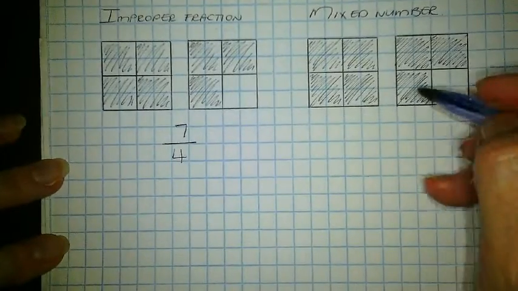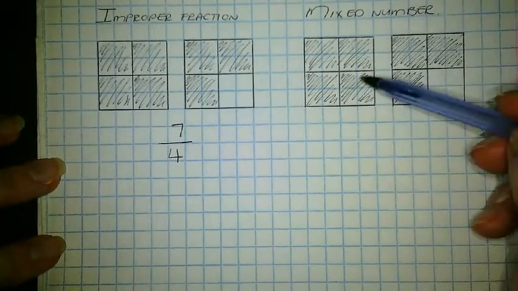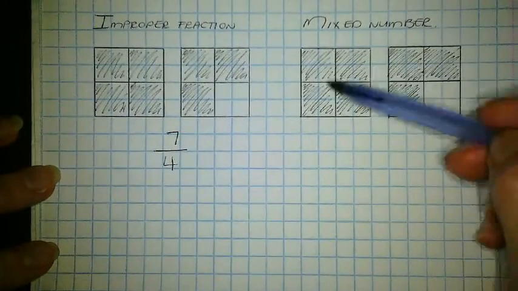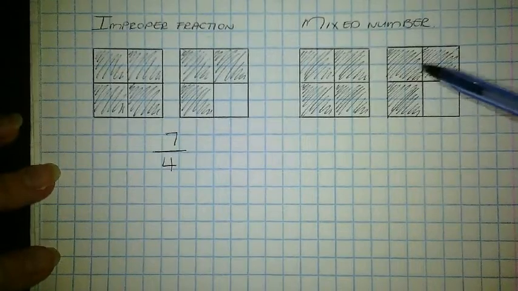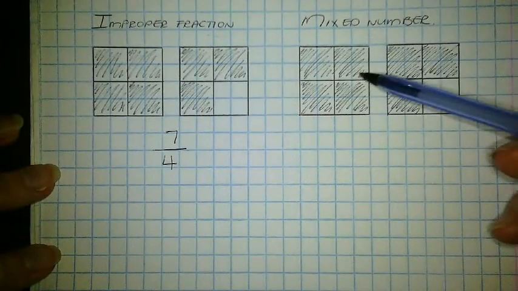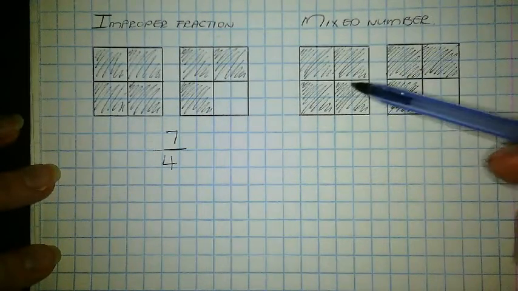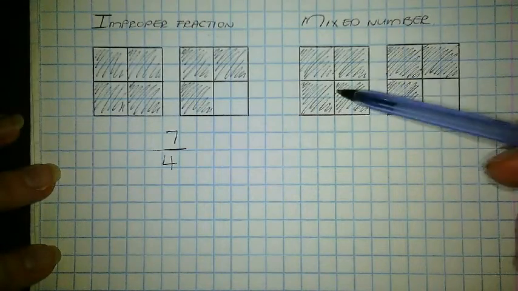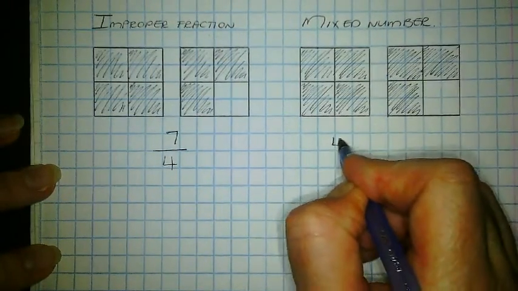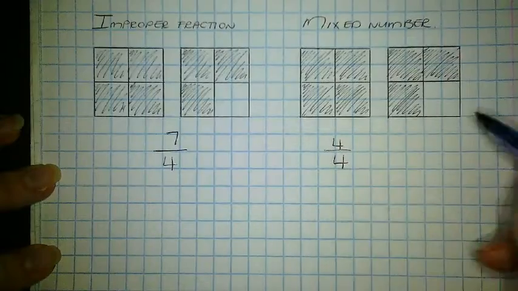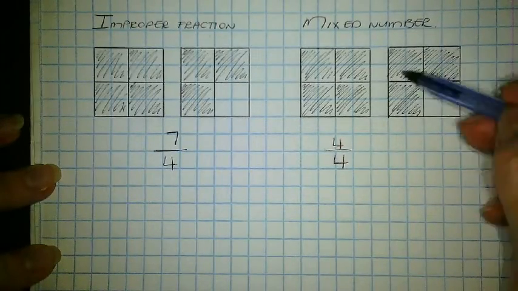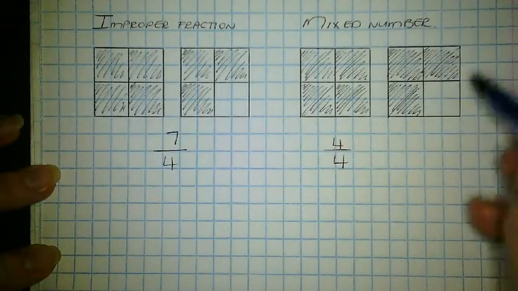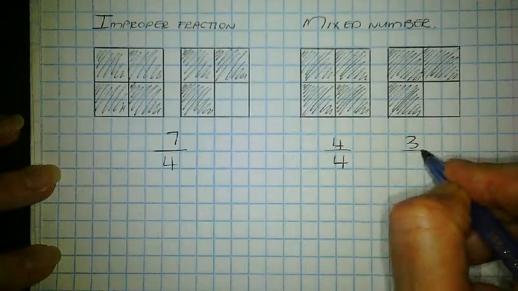Okay, now if we look at the mixed number, I'm going to use exactly the same sketches or the same fractions, and I'm just going to write it as units. So I'm going to see how many units I can take out and how many fractions are left. So if I have 4 quarters, I'm going to write it as 4 quarters, and then the fraction that's left is 1, 2, 3 quarters.